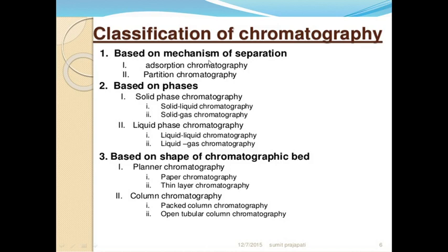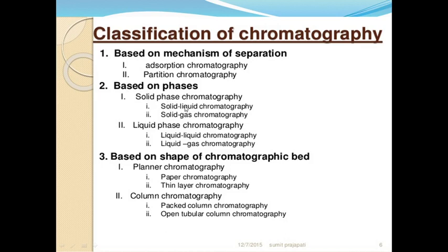Based on the mechanism, that means principle, we have adsorption chromatography, where the stationary phase is solid, and partition chromatography, when our stationary phase is liquid and the mobile phase is liquid or gas, whatever it may be.